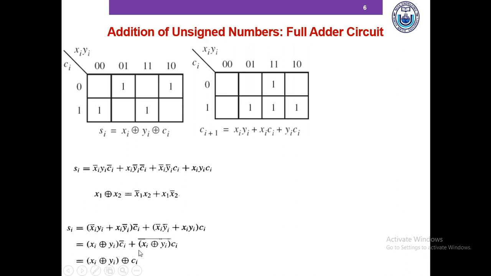And again, if we consider Xi XOR Yi as a single variable, let's say capital X, then we have X c0 plus X0 c, which looks like this. So that's why we can write X XOR c.